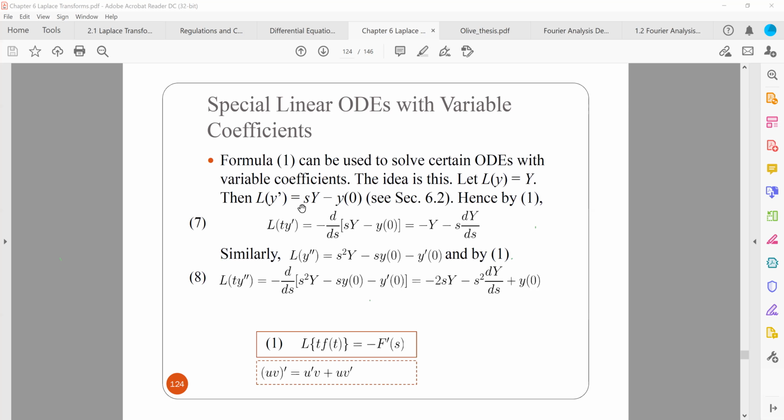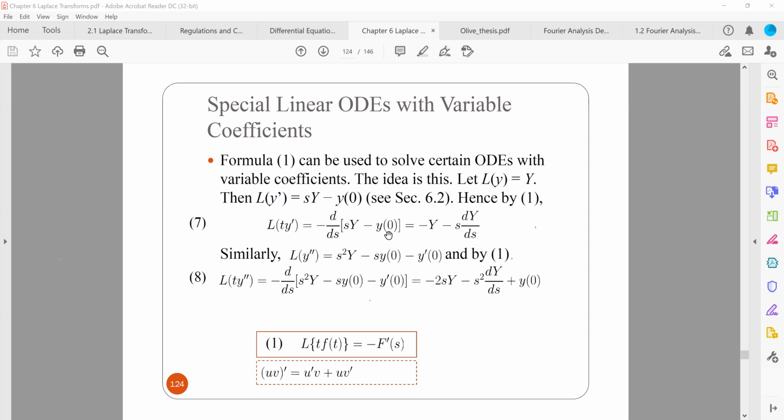So remember that the Laplace transform of y prime is sY minus y(0). This we looked at last week. But we know that once you multiply anything by t, it's the same thing as taking the negative derivative of its transform. That's what's happening here. We are differentiating sY minus y(0), where y(0) is the initial value of the function y(t).